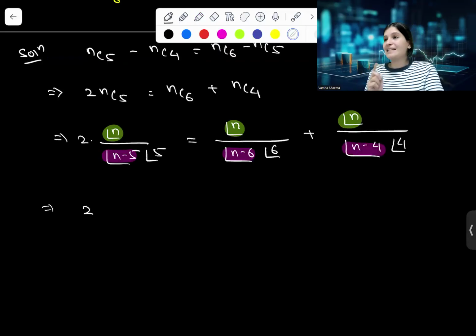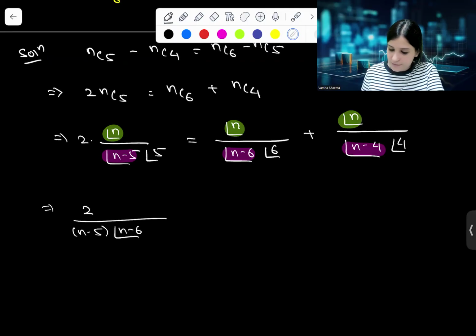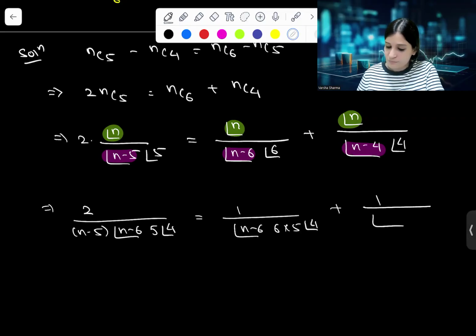The smallest is n minus 6, so we'll transform all of them into factorial n minus 6. So n minus 5 into factorial n minus 6. This is 5 into factorial 4. This is 6 into 5 into factorial 4. And n minus 4, n minus 5, n minus 6.